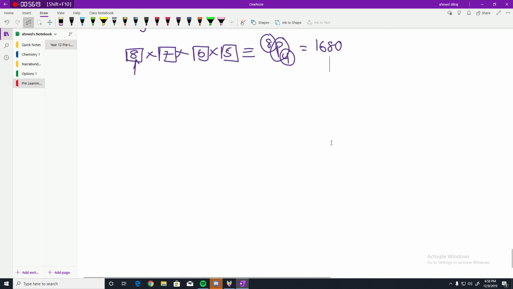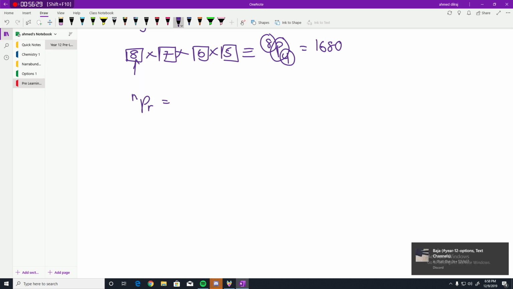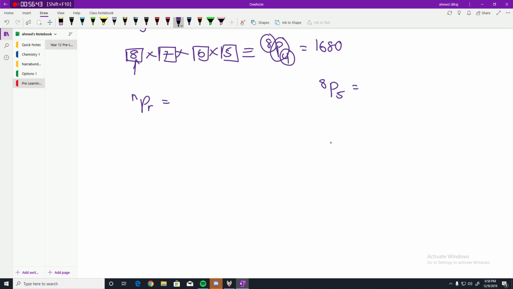Let's generalize this, right? Okay, Daksh, if I said it's nPr, what would my general formula look like? Would you have n factorial divided by r factorial? Close. So let's say I had 8 objects, and I wanted to arrange 5 of them. What would I multiply?